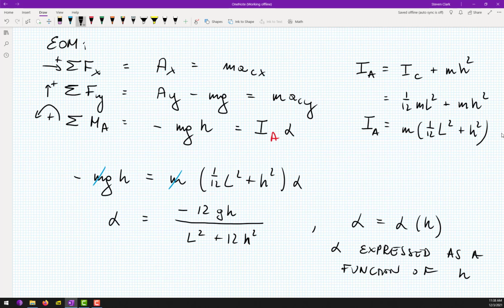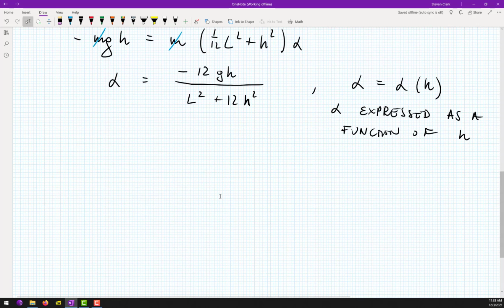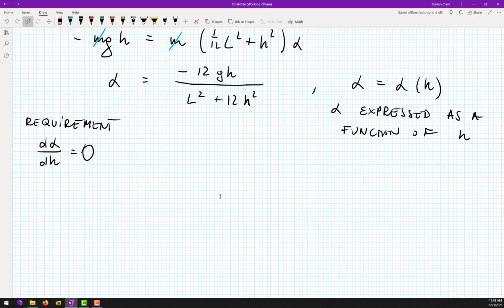And you know that, in your calculus classes, how did you find the maximum value of function f of x? Take a derivative and equal it to 0, yeah? So we are just going to do d alpha dh, and this must be equal to 0, yes? This is our requirement. Yeah, so let's do that.